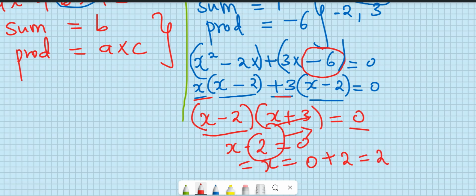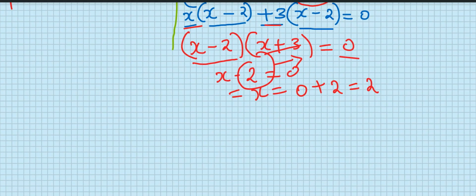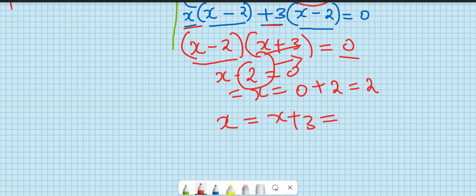There's the first x. The other x, that is x2, will be given by x plus 3 equals 0. You move the positive 3 to the other side, which gives minus 3.